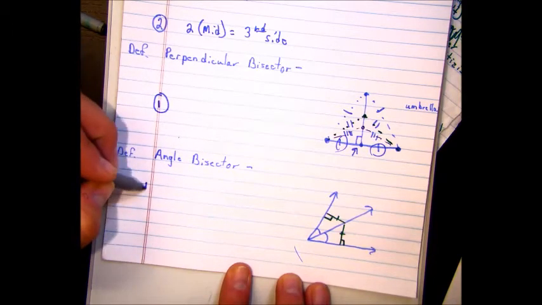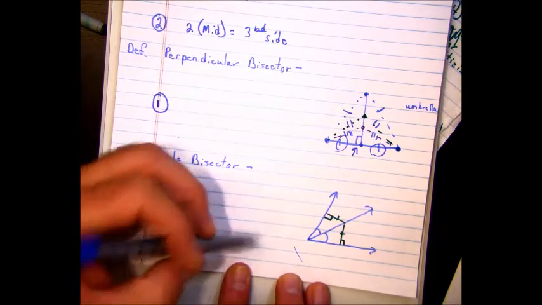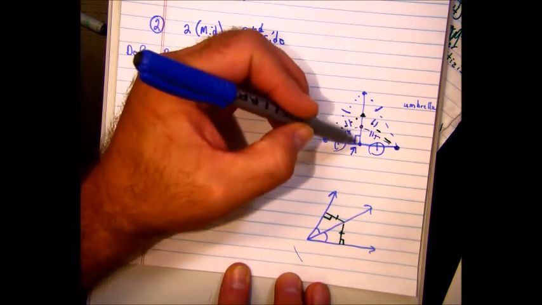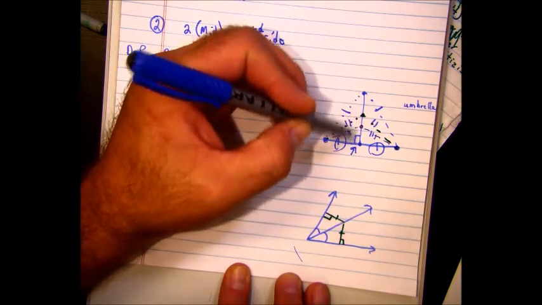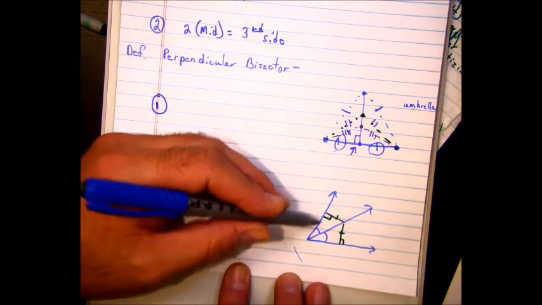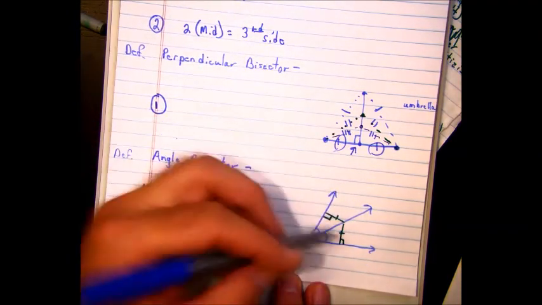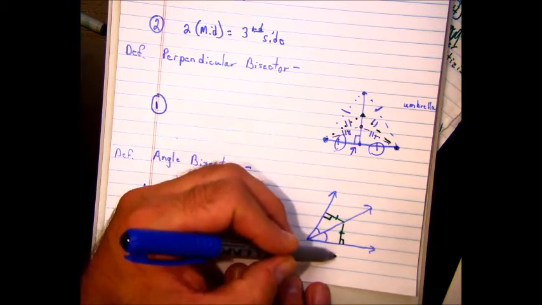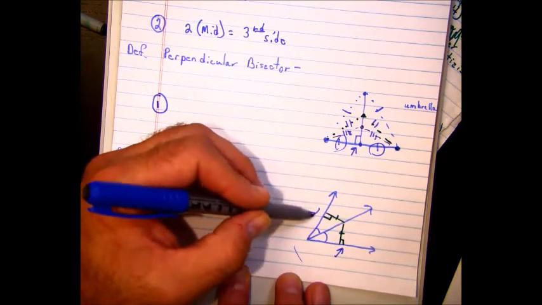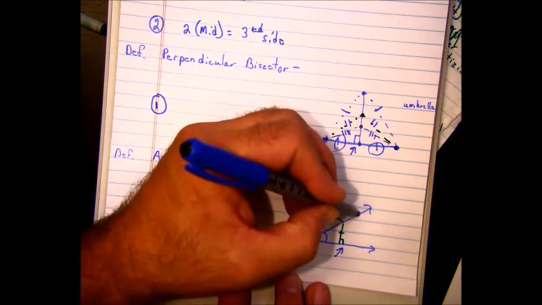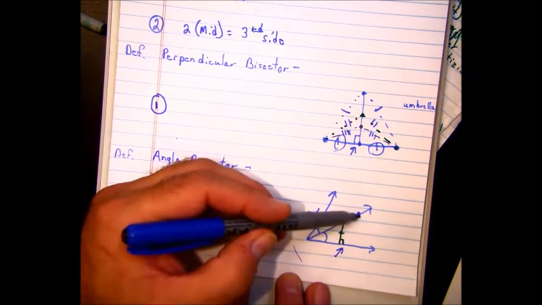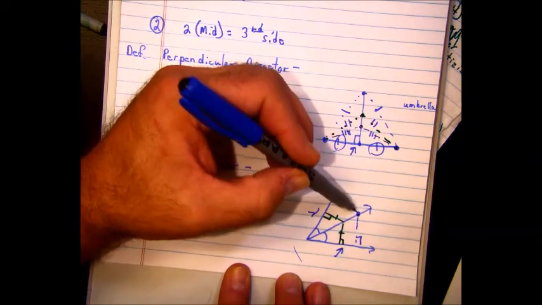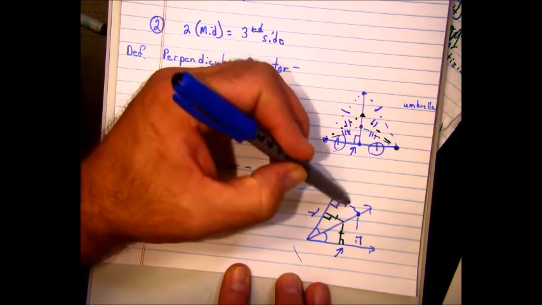Then the rule we learn with angle bisectors is that any point on the angle bisector, just like any point on the perpendicular bisector, is perpendicularly equidistant to the side of the triangle. So that means if I stop here, this is the same distance perpendicularly to here and here.